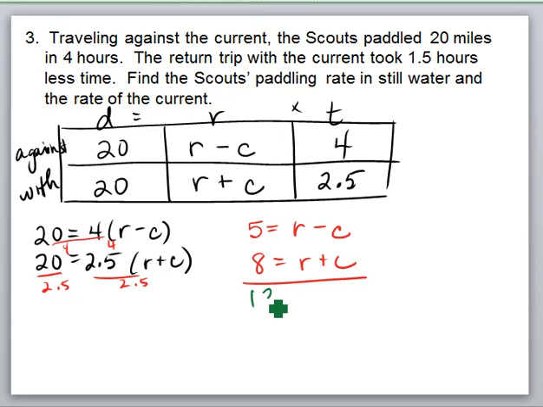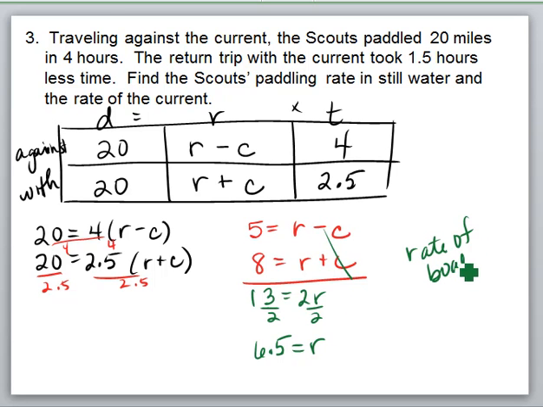This makes it pretty easy to add those together. The c's fall out, so I have 2r equals 13, divide by 2 on both sides, so r is 6.5. So it means the rate of the boat is 6.5.